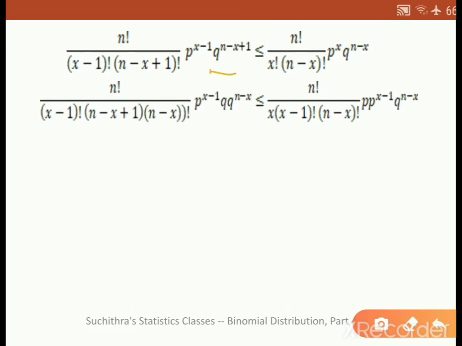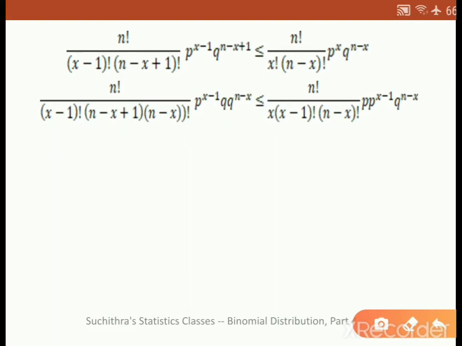Split q^(n-x+1) as q into q^(n-x). (n-x+1) factorial as (n-x+1) into (n-x) factorial. x factorial as x into (x-1) factorial. p^x as p into p^(x-1).